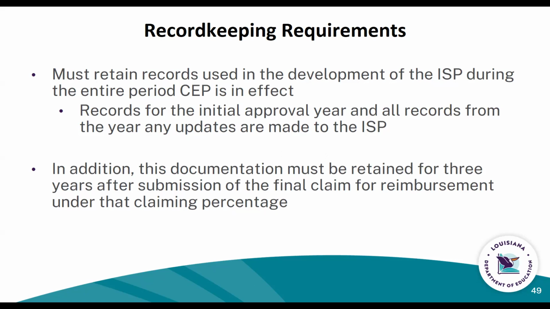A list of all the identified students with their ISP classification used to determine the ISP from all schools participating in CEP from each district, documentation for the total enrollment at all CEP schools, the sample list of students that the state agency used to verify the initial ISP, and the ISP worksheet the local education agencies used to calculate the ISPs and submitted to state agencies with appropriate documentation. In addition, this documentation must be retained for 3 years after submission of the final claim for reimbursement under that claiming percentage.